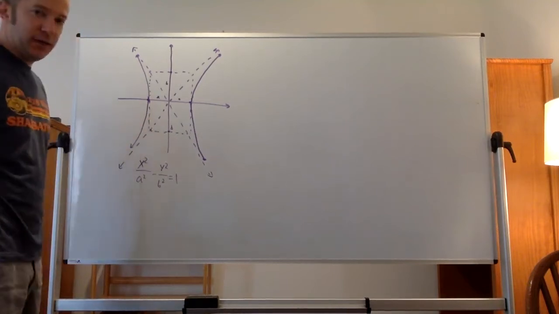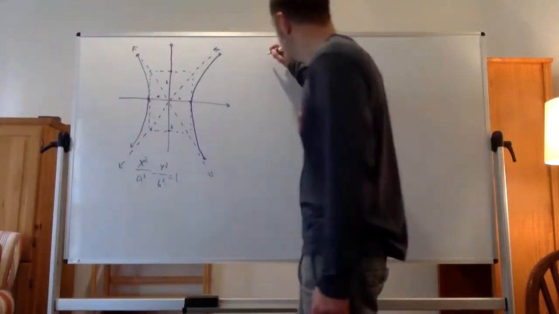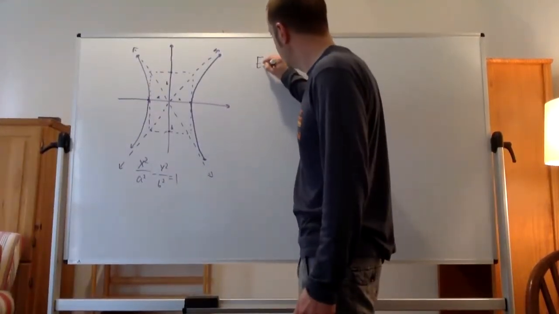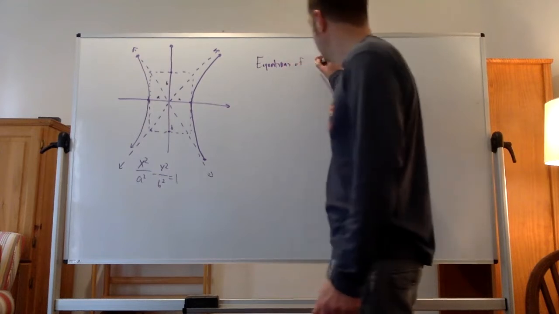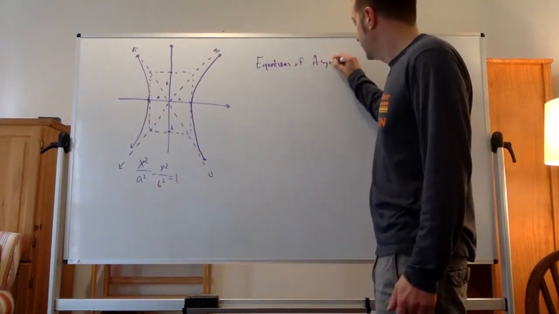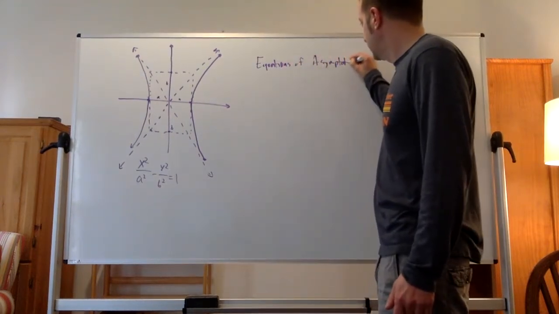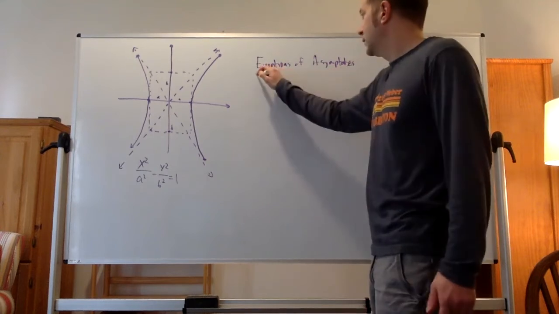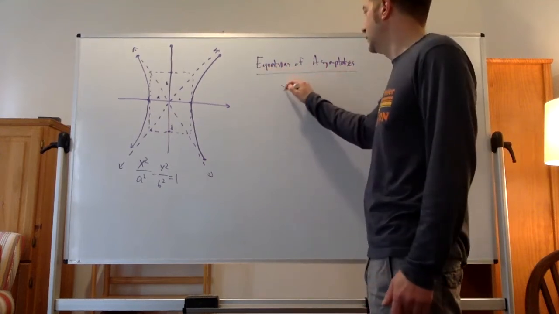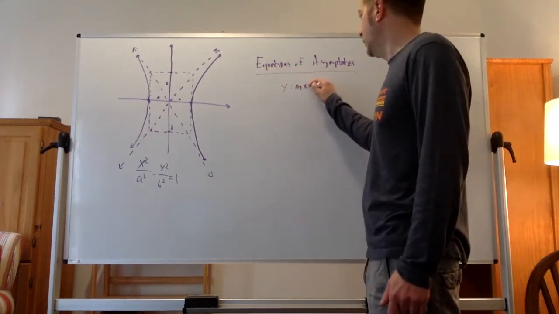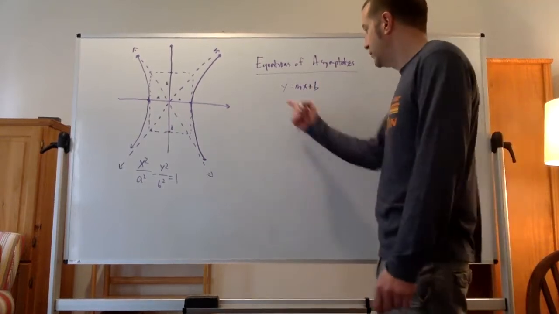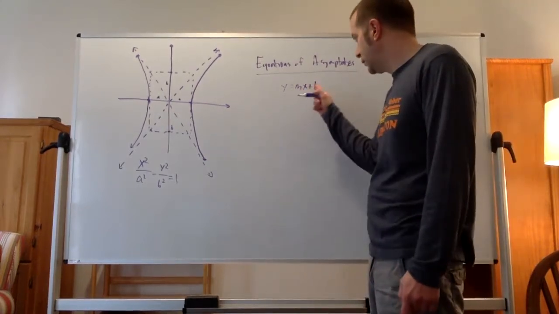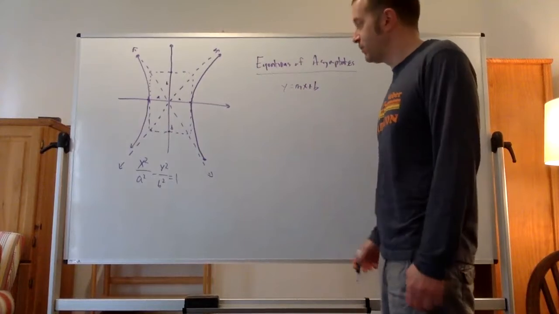The way that we're going to find the equations of the asymptotes is we're going to use this equation, which you've probably seen before: the general equation of a line, where m is the slope and b is the y-intercept.